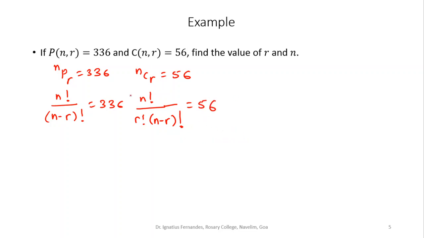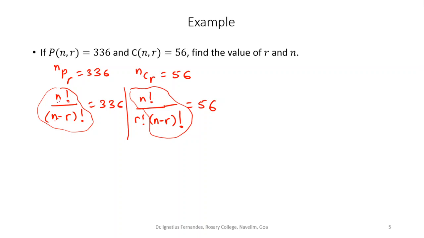So basically I have 2 equations here which I need to solve for 2 unknowns, that is n and r. Either I can cross multiply and arrive at an equation and then try to solve them simultaneously, or in this case it is a little easier because we see that n factorial upon n minus r factorial, this expression, is common in both the equations.